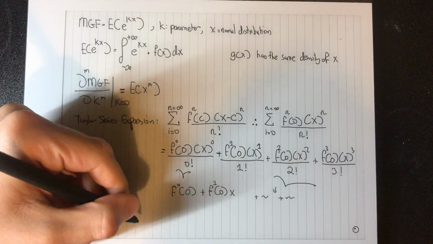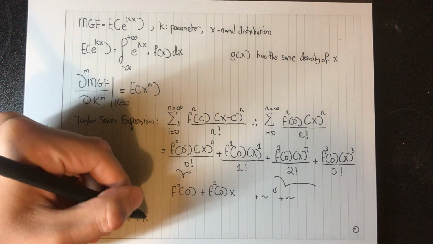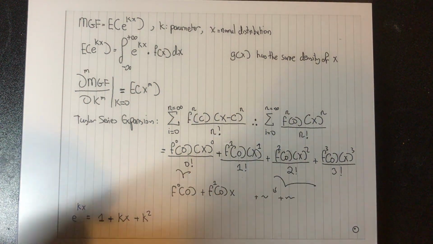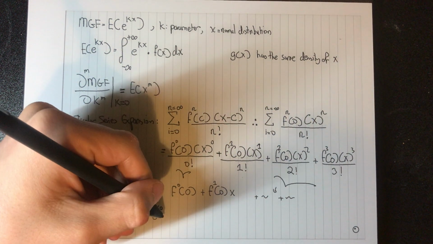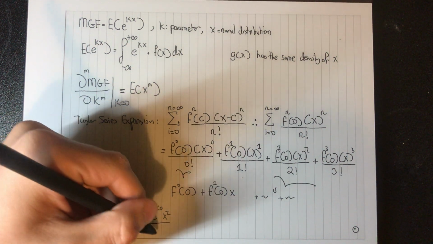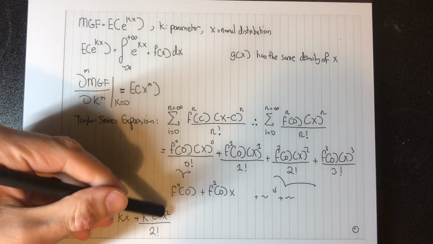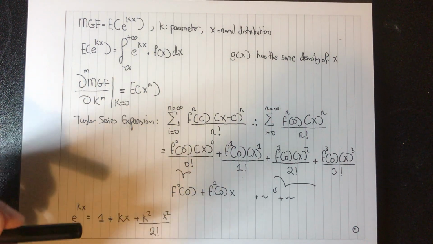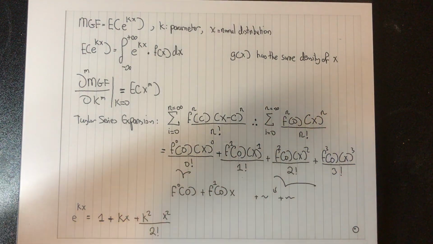And next we would have the second derivative, so therefore we would have k squared e to the power of k times 0 multiplied by x squared over 2 factorial, which again, this part of the equation can become equal to 1, because e to the power of 0 is equal to 1.